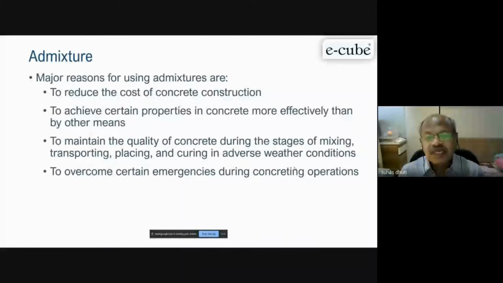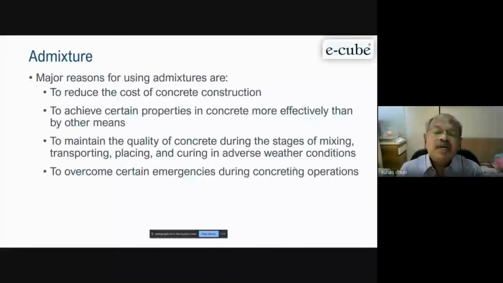Now, admixtures help overcome certain emergencies during concrete operations. When there is a large pour, maybe 1000 or 2000 cubic meters in one go, we have to avoid construction joints. If there is a breakdown in the batching plant, a breakdown in the vehicle, or a breakdown at the site itself, say a vibrator has failed, then you have to wait 2 to 3 hours.